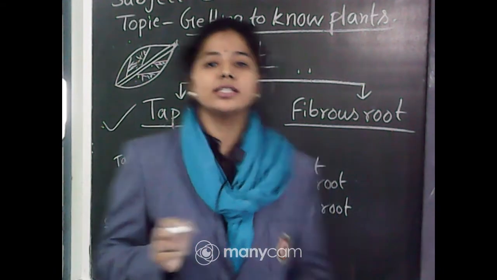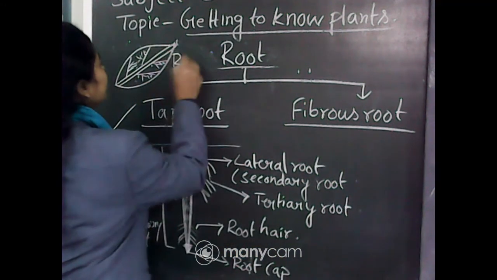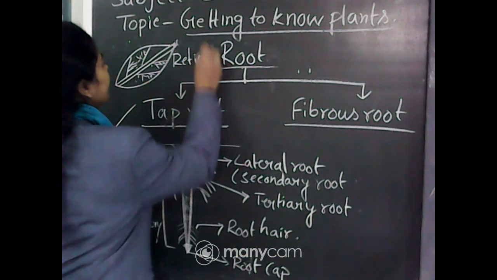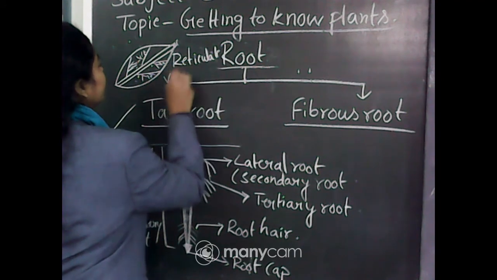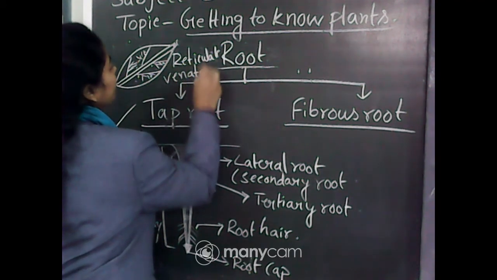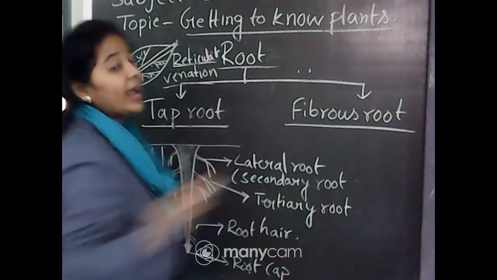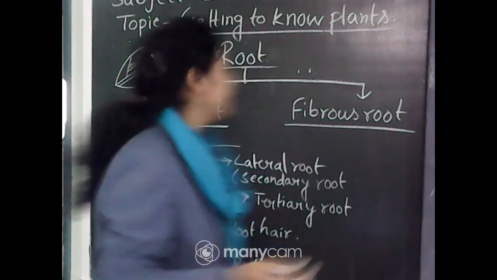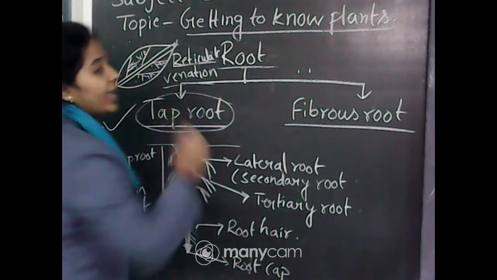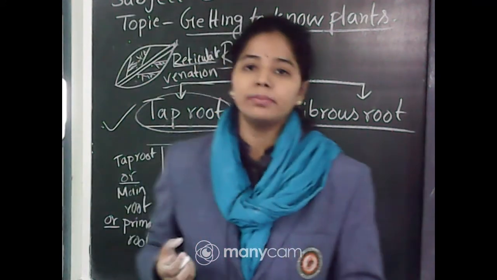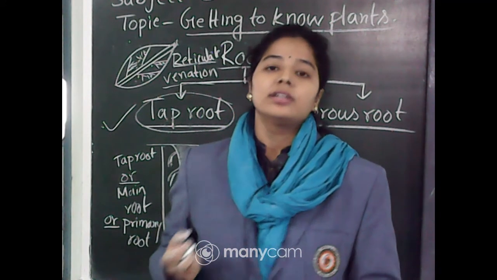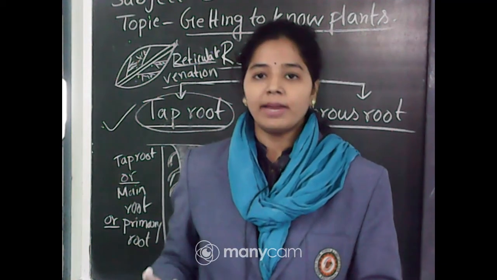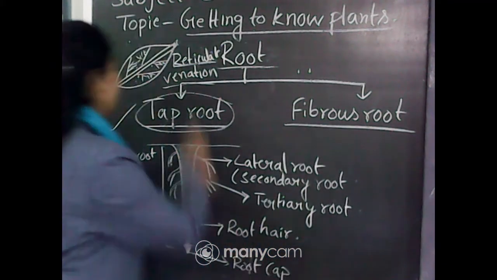Such an arrangement of veins is known as reticulate venation. Plants that have reticulate venation bear taproots. Examples are mustard plant and sunflower plant.